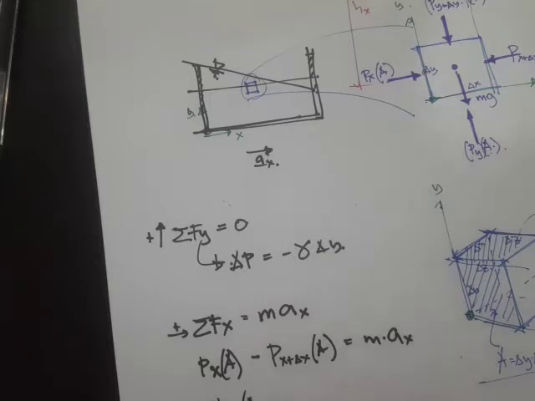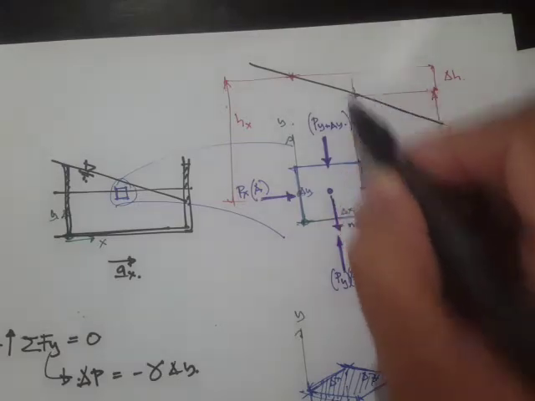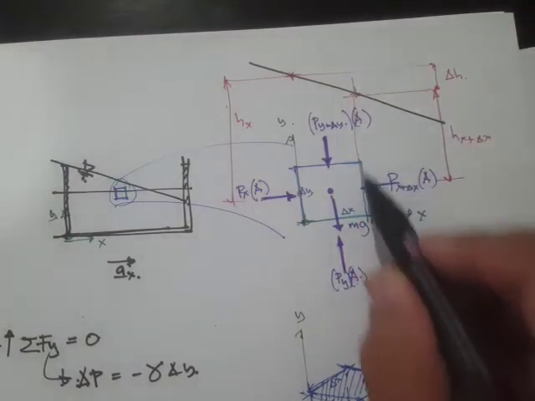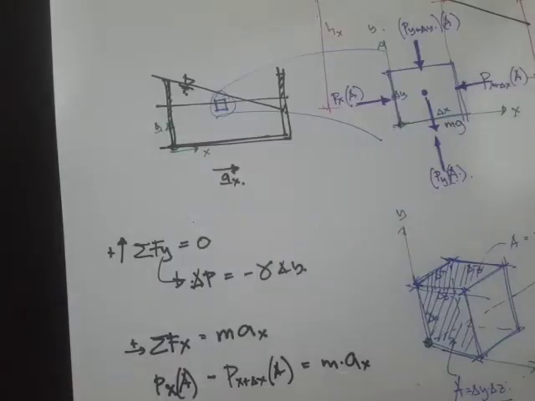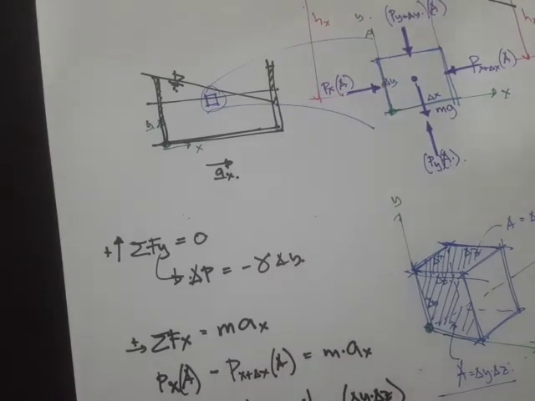That's just delta y times delta z, minus the pressure along this line, which is the unit weight times h x plus delta x, times delta y times delta z, is equal to... let's continue right here.